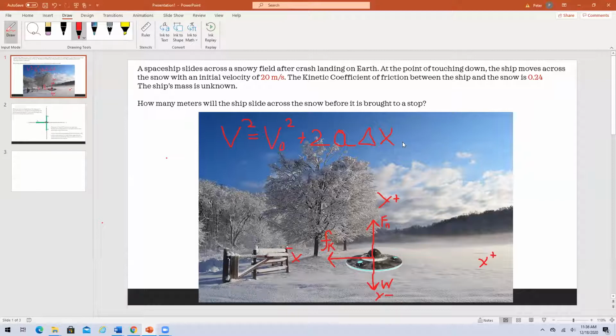Okay, so this is the equation that we're going to use to determine our delta x. And all we need to do at the moment right now is just solve this for delta x, and then we can start to worry about filling in the variables.